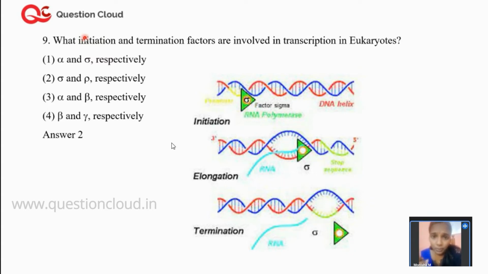It has three sub-steps: initiation, elongation, termination. Initiation is the first step. For that first step of transcription, we require a protein or an enzyme which is called a sigma factor. In this picture, the green color that we see is called a sigma factor. Only when the sigma factor binds to the DNA will transcription initiate. Okay, so that's called an initiation factor.